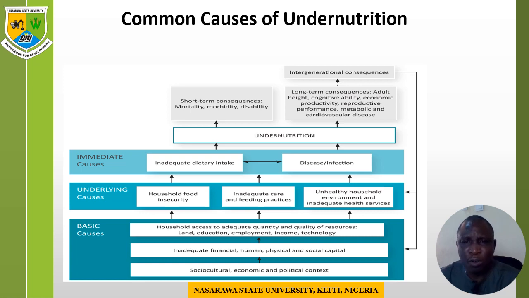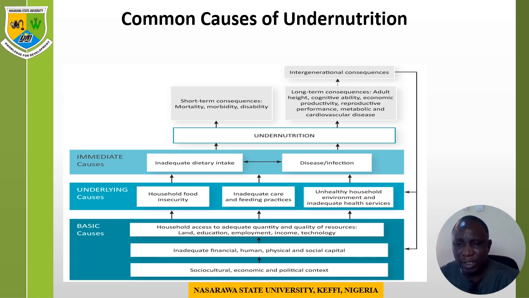What are the common causes of undernutrition? Causes of malnutrition are divided into three. First are the basic causes, and these may be due to social and cultural beliefs. We know what we eat is governed by tradition, the economy, and the political context.